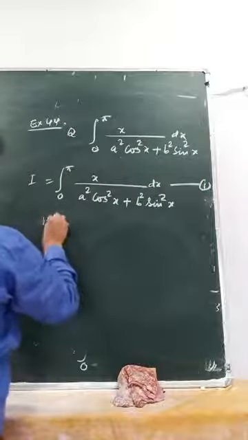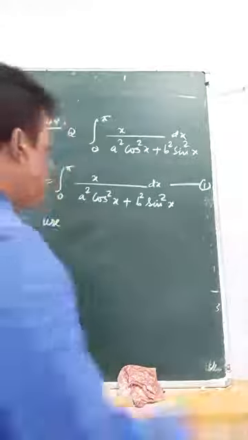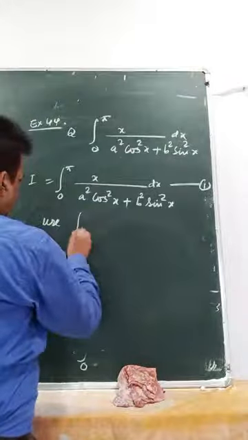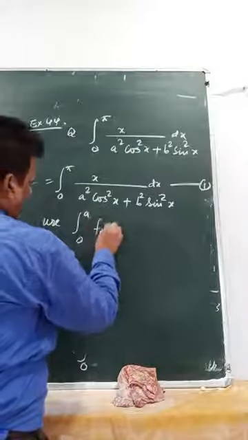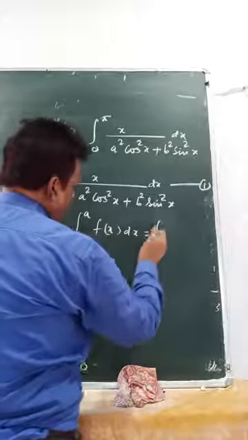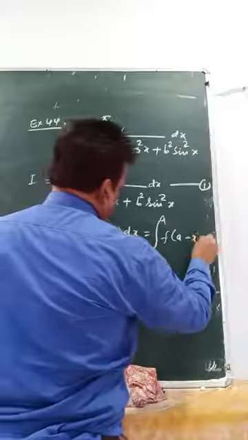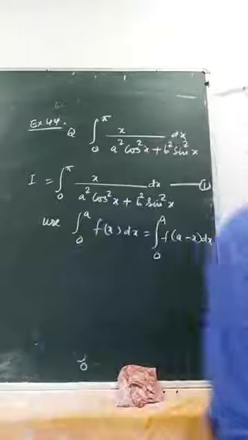If you use 0 to a form, then only that x will be cancelled. 0 to a f(x) dx equals 0 to a f of a minus x dx. Okay.